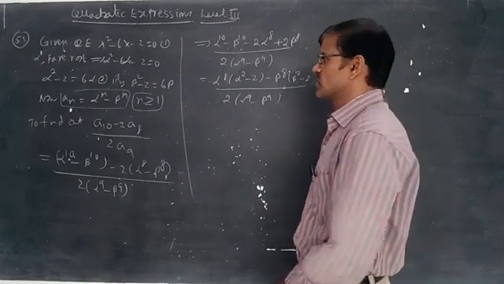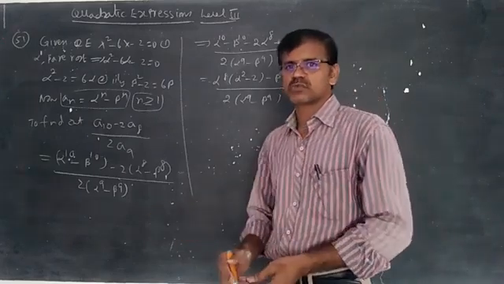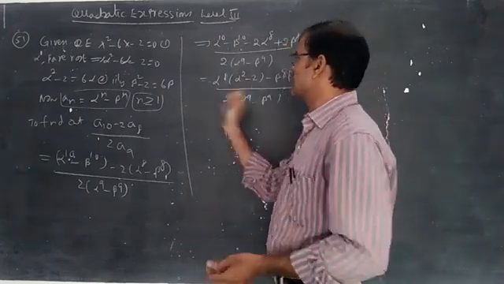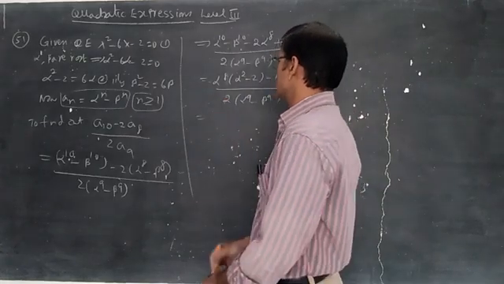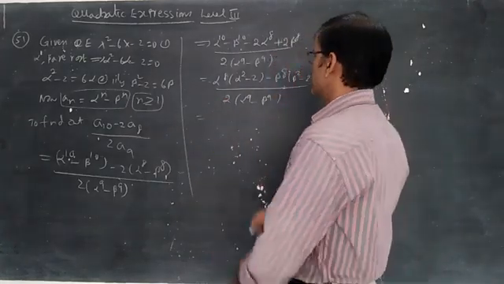You can observe that we are not at all using the sum of roots, product of roots concept. Simply, we are playing the game with the roots and the given condition.